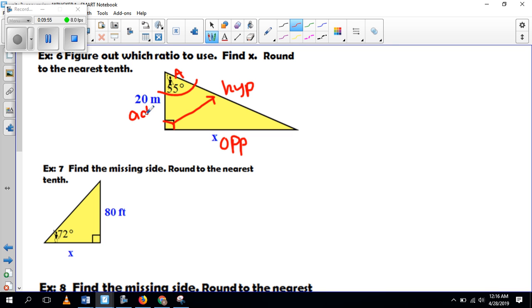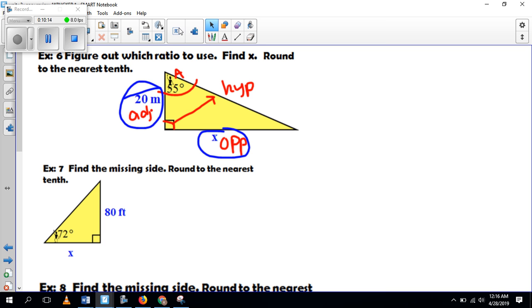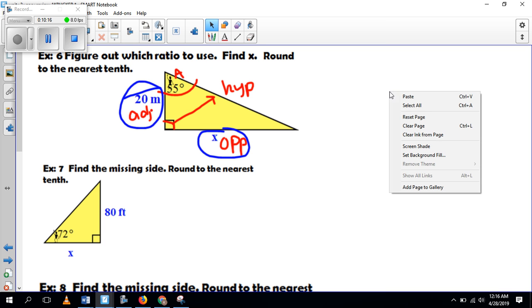What I always tell people when we get to these is to circle the one that has the letter. That will be your opposite. And circle the one that has the number. That will be 20 for adjacent. Then we're going to look at our formula sheet. Let me see, can I put the formula sheet back up?